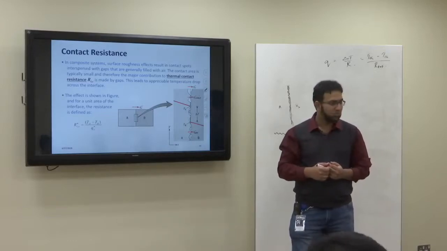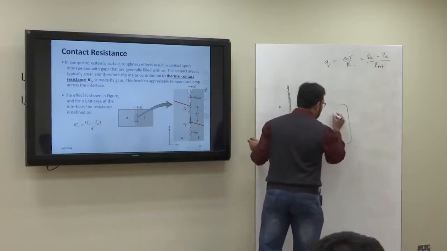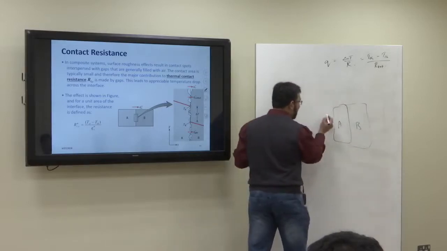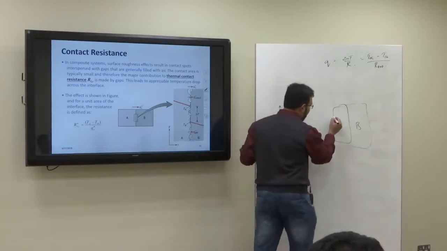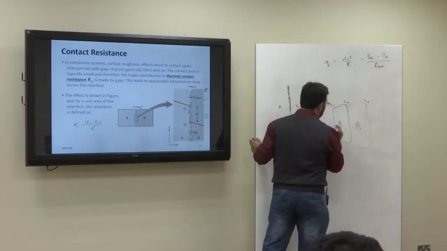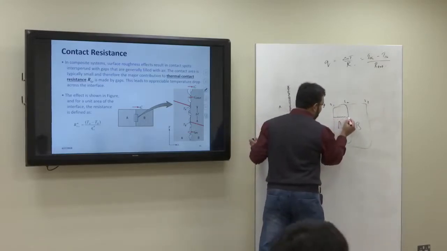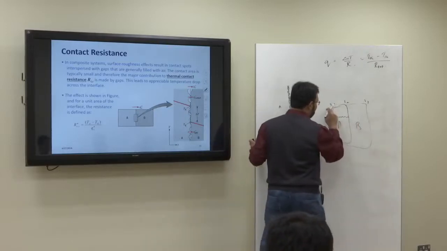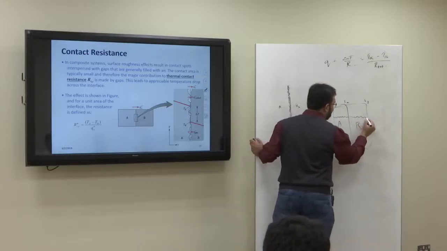I have one material, A, and another material, B. The heat needs to be transferred from this surface. Let's say this surface is 1, this surface is 2, this surface is 3. There will be conductive resistance from S1 to S2, then conductive resistance from S2 to S3.